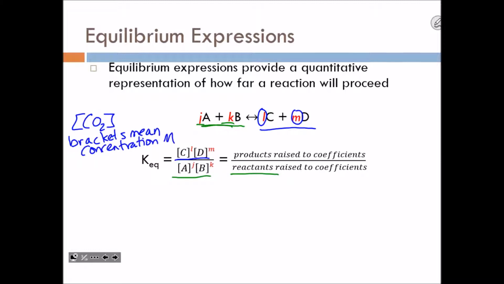So when you see brackets around something, like in acids and bases, you saw this a lot. The concentration of hydrogen or the concentration of hydroxide, brackets mean concentration. Now let me tell you some important information about K.